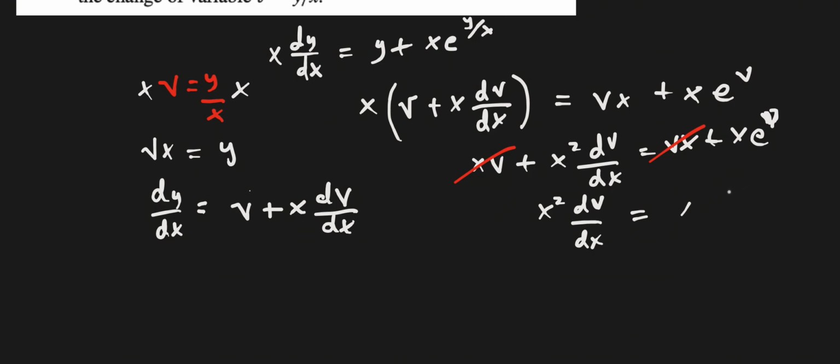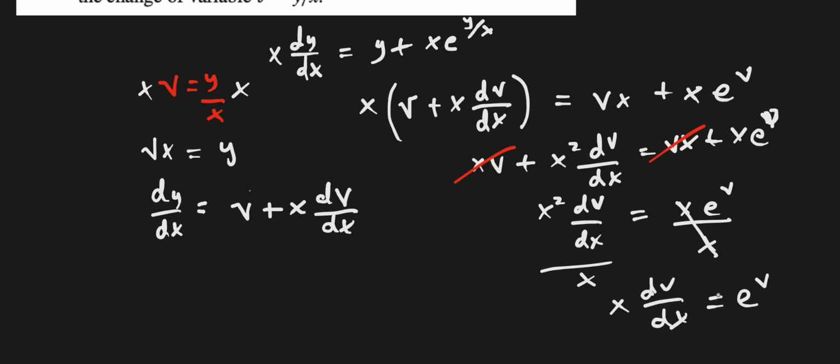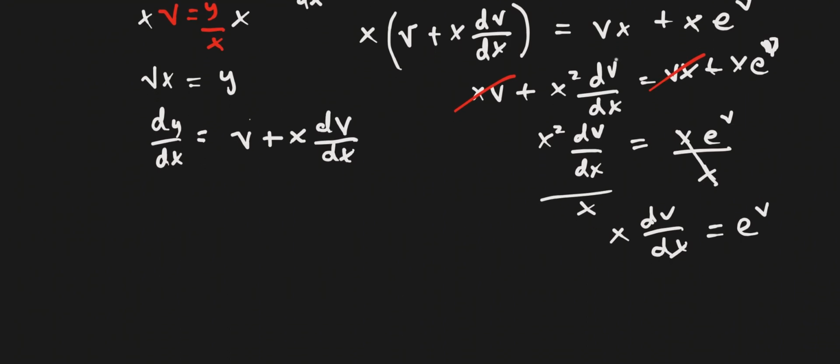We can just divide by x, and this will just be x dv by dx is equal to e to the v, and now we can multiply by dx here and here. So this is just x dv is equal to e to the v dx.